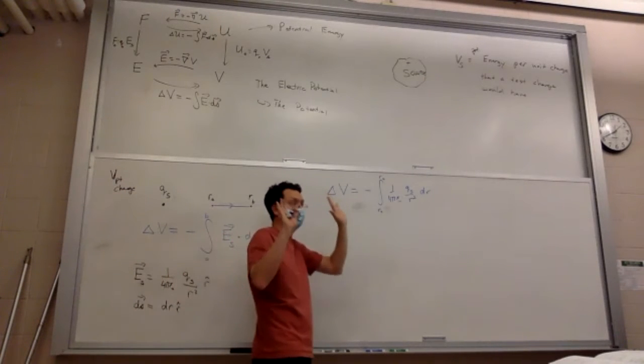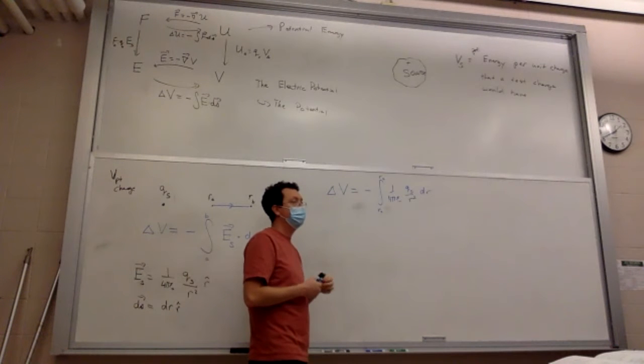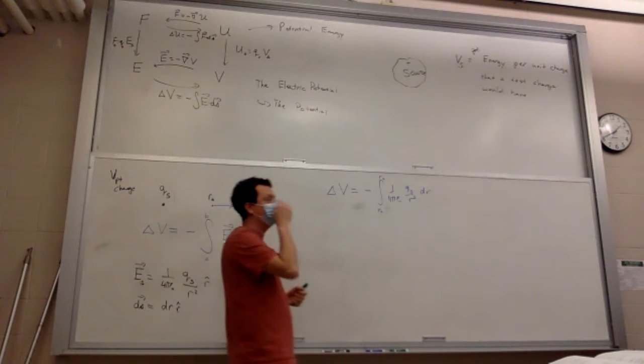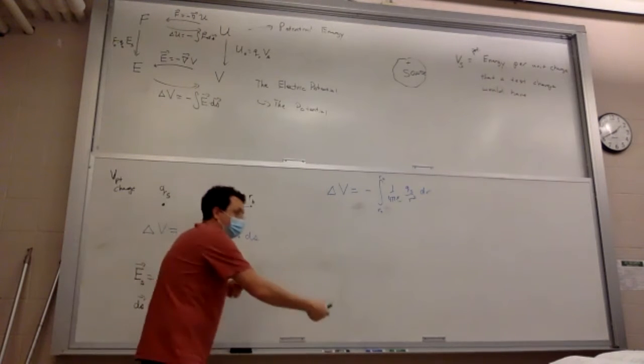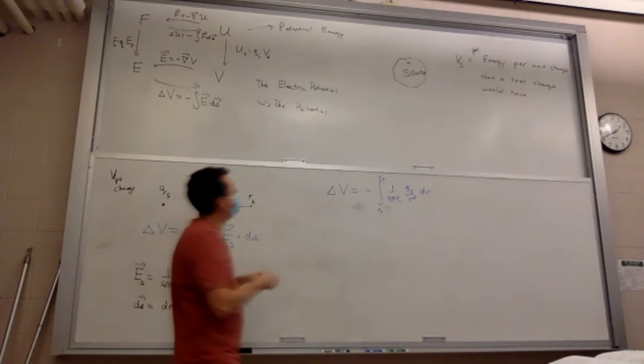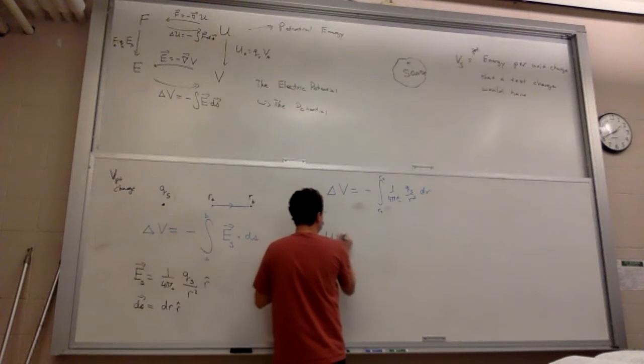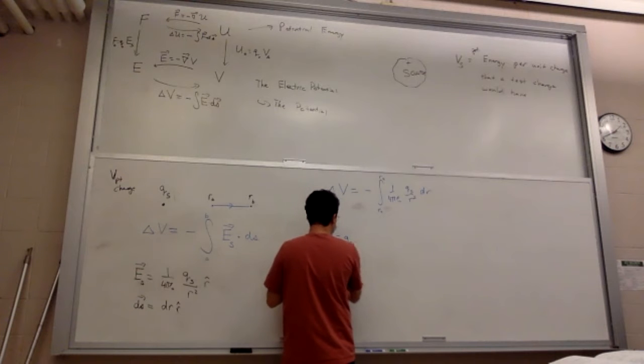All right, so we want to hold on to that. What does that mean in words, though, if you have a negative change in potential? It means that if your test charge is positive, right? Remember, U is Q of the observer.